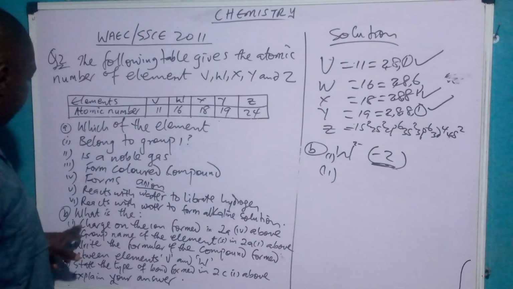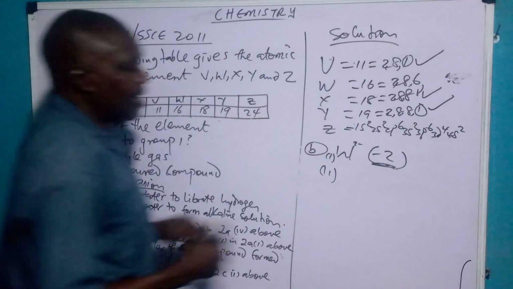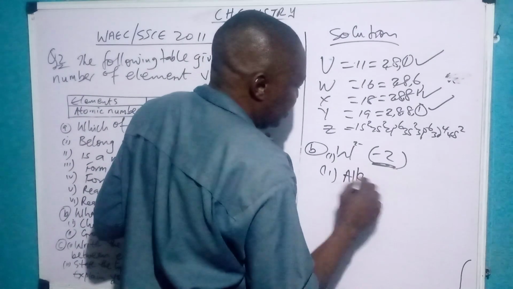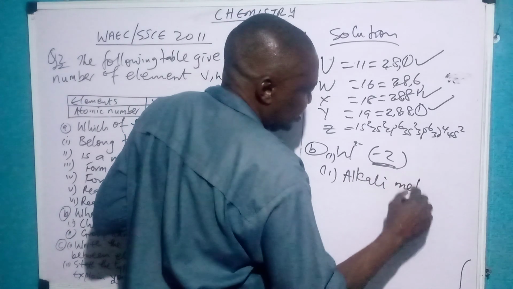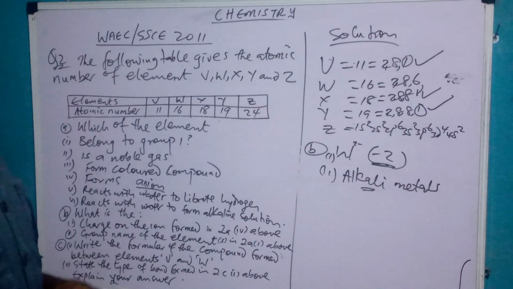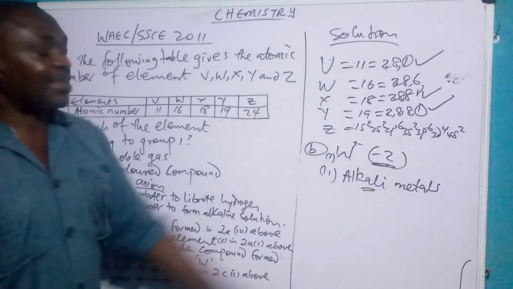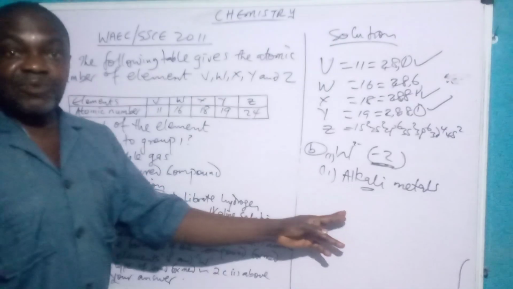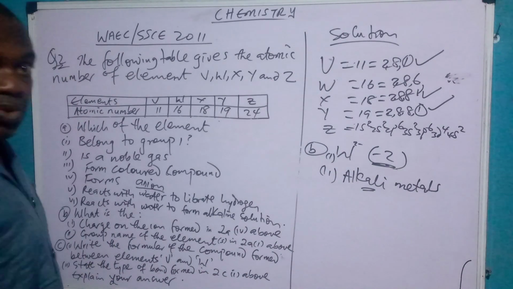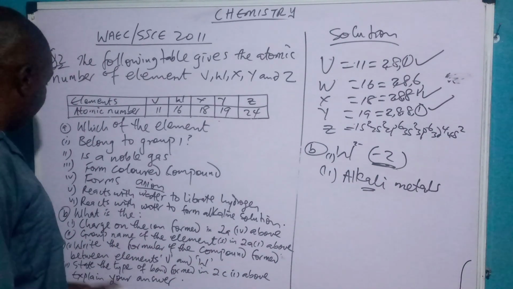So, these 2A1, Roman figure 1, are known as alkali metals. A-L-K-A-L-I, metals. That's the group name. Remember, it's different from alkaline metals. Alkaline metals are usually group 2. But alkali metals are group 1 because they dissolve in water to form alkali solution, soluble base. That is for that. So Roman figure 2.